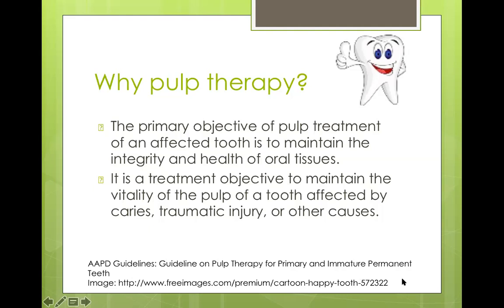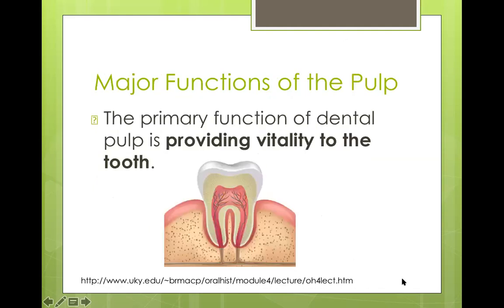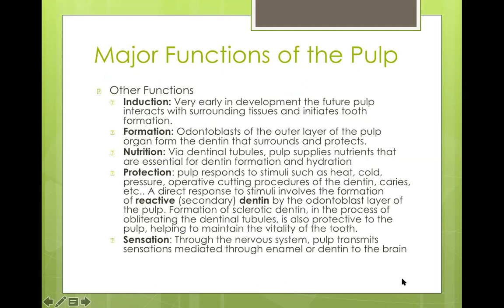But if the tooth is already non-vital, then there are other things that we can do which also fall under the umbrella of pulp therapy. The primary function of the pulp is to provide vitality to the tooth, and other functions include induction of the surrounding tissues when the tooth is developing embryologically.